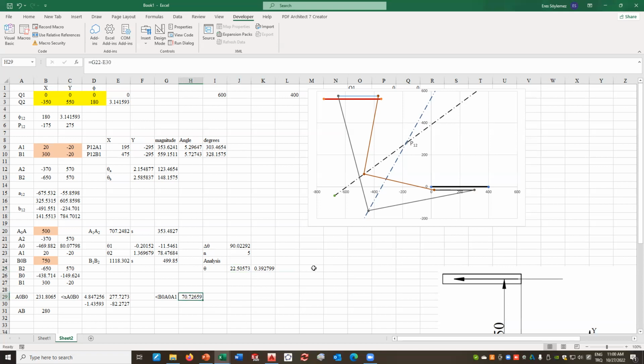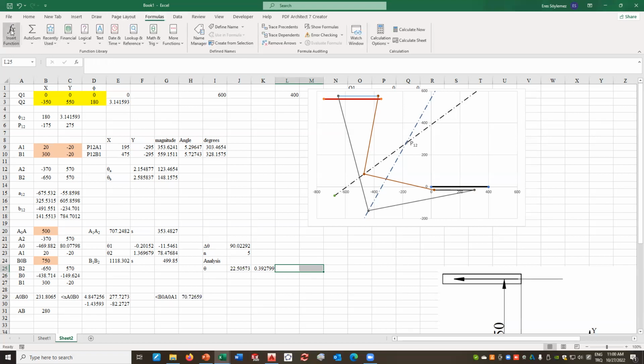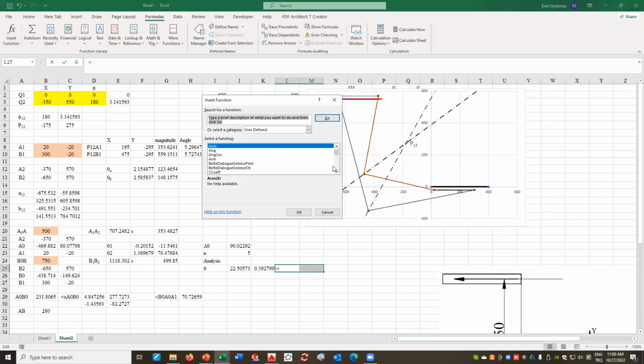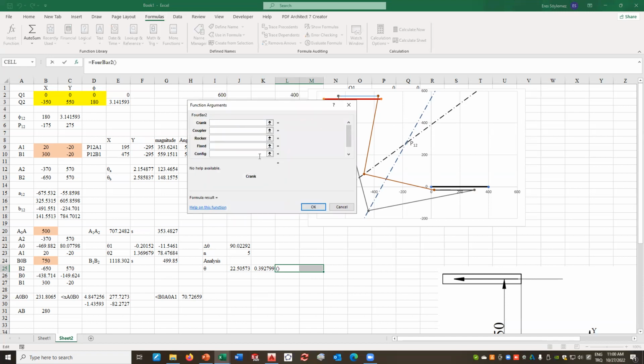Now, all I have to do is mark these two cells. Formulas, function insert, 4-bar 2. Crank. What is the crank? A0A is my crank.